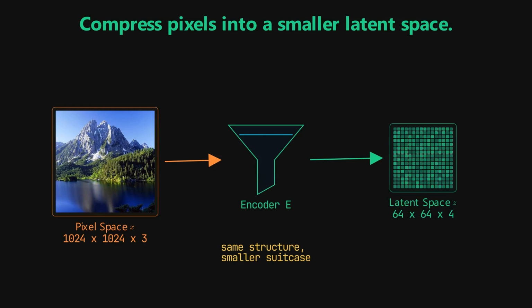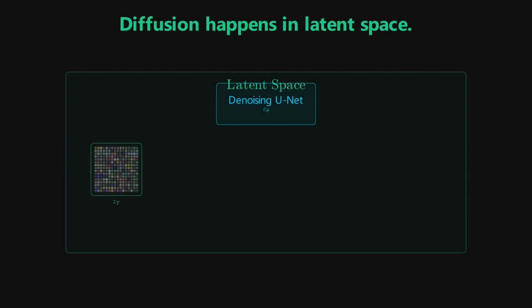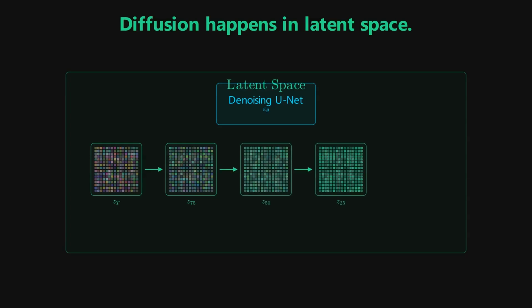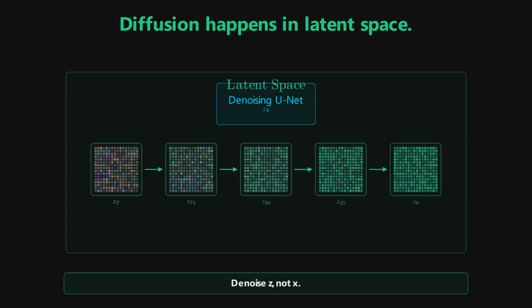The denoising U-Net works on the latent. The reverse process cleans the latent. Not x, the full pixel image. But z, the compressed representation. That is a huge difference. Because the space is smaller, each denoising step becomes cheaper, faster, and much more practical for high-resolution generation.